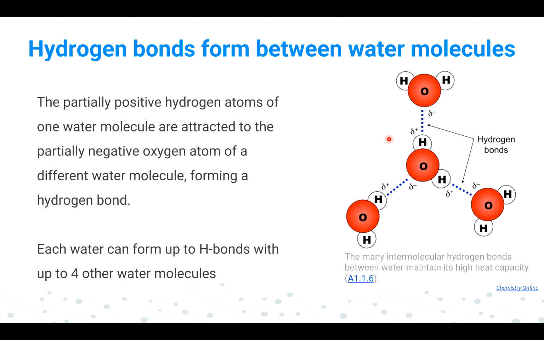Of course we have just discussed that due to the difference in charge, a partial positive and partial negative charge is developed on the water molecule, which helps it interact with other water molecules, and their interaction further leads to formation of hydrogen bonds, and this hydrogen bond helps in maintaining the structure and the properties of the water.